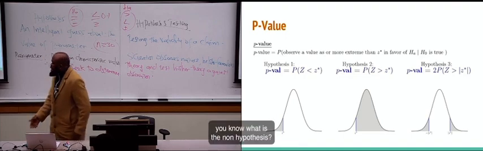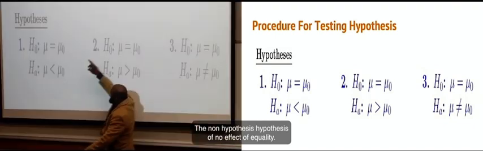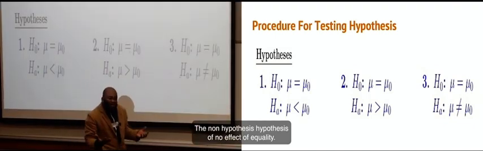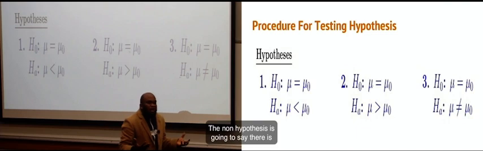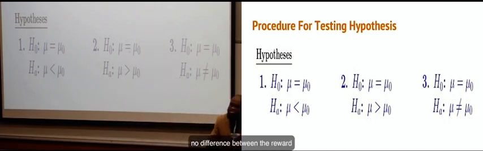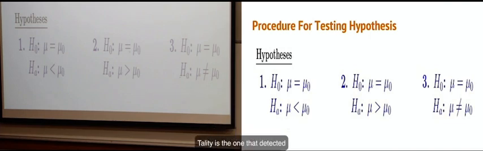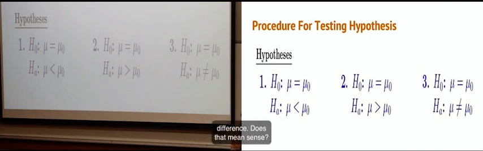You know what the null hypothesis is? The null hypothesis is the hypothesis of no effect, of equality. The null hypothesis is going to say there is no difference between the real world and the hypothesized value. They are the same. That's what the null hypothesis is saying. The alternative is the one that detects a difference. Does that make sense?